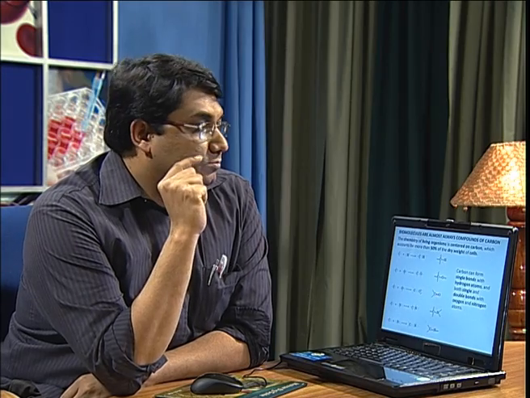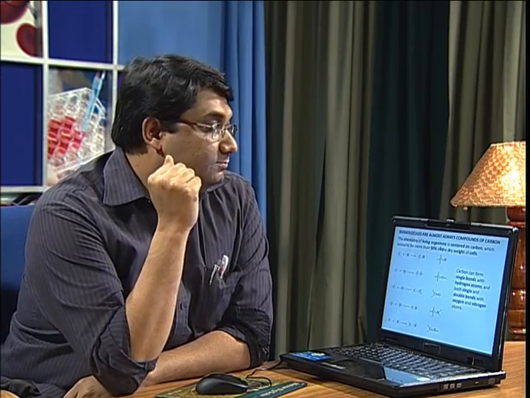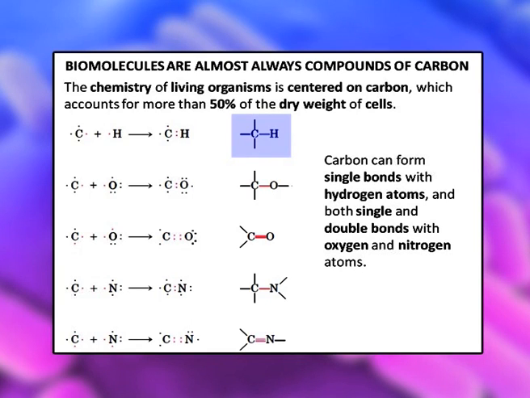The chemistry of the living systems is centered on carbon, and carbon itself accounts for more than 50% of the dry weight of the cells. It can form single bonds with hydrogen atom, single and double bond with both oxygen and nitrogen atoms.